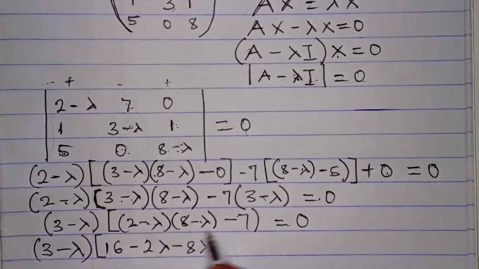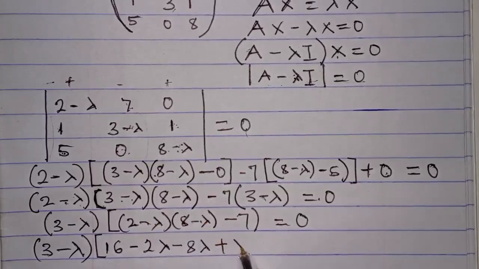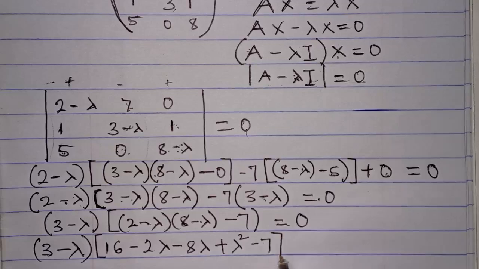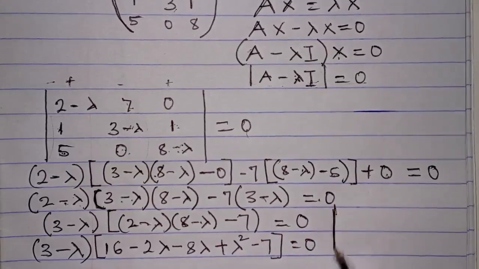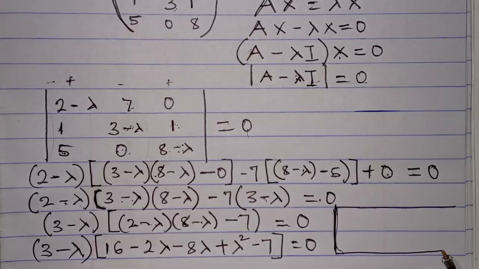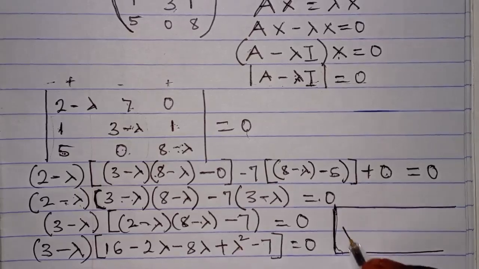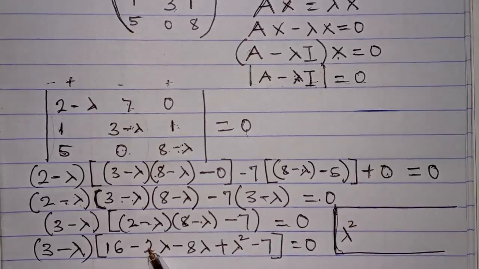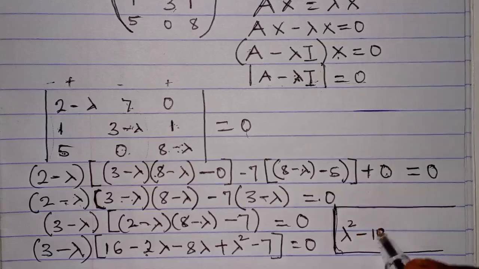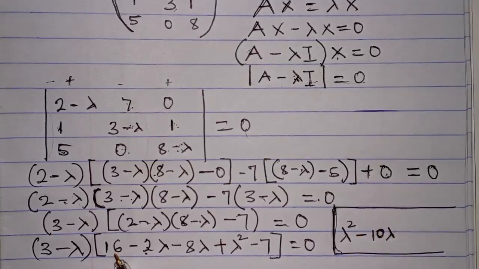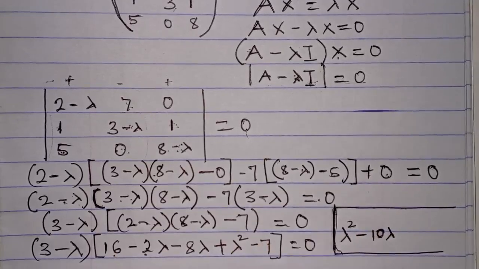And minus lambda times minus lambda is positive lambda squared, minus 7, all equal to 0. Okay, if I simplify that bracket, this is lambda squared. 2 minus 8, that's minus 10, so minus 10 lambda. 16 minus 7 is positive 9.